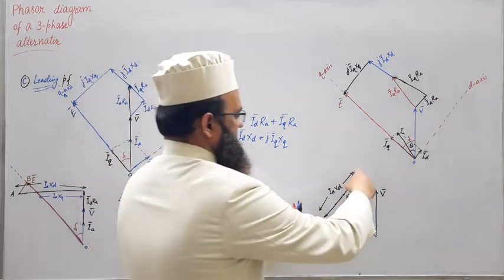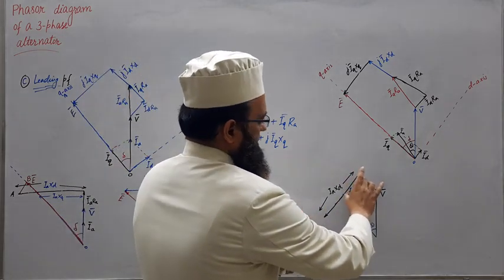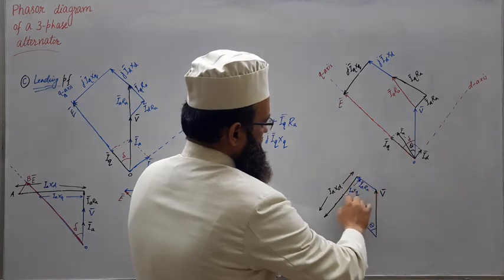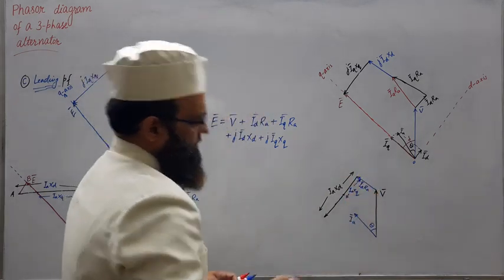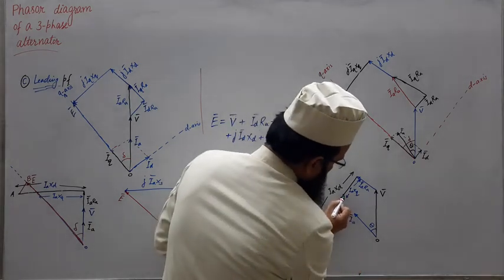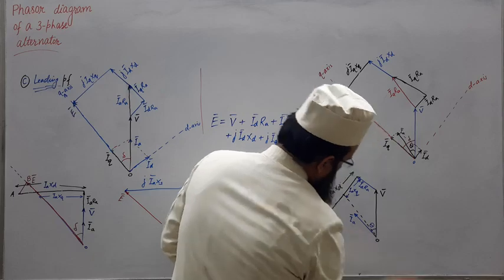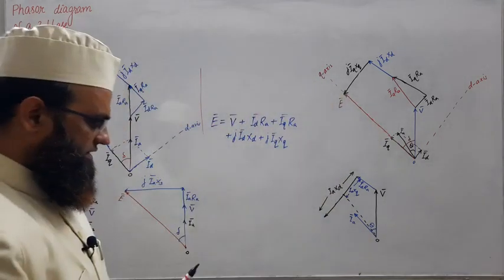We have taken IA XD, and from here we have cut a length equivalent to IA XQ. Now, if this is our O point, we will join this dotted line to O. So what is our next step?